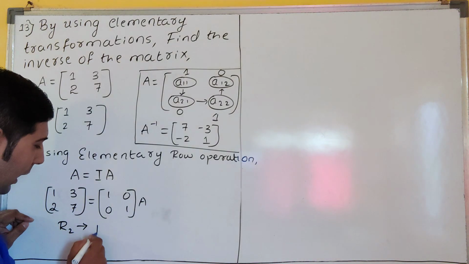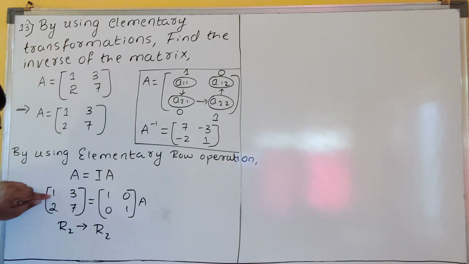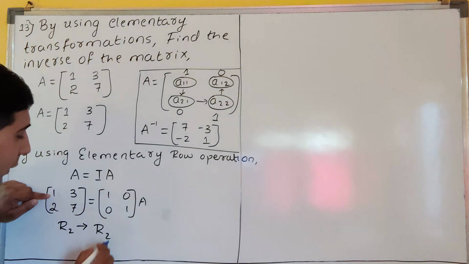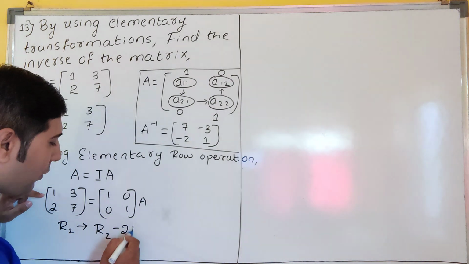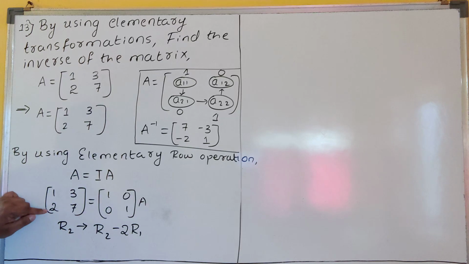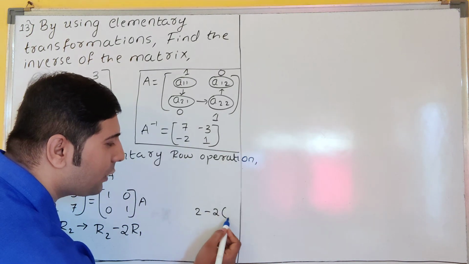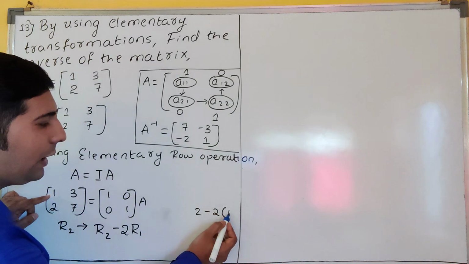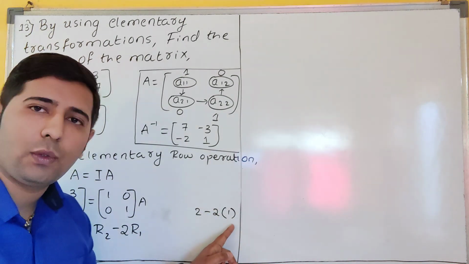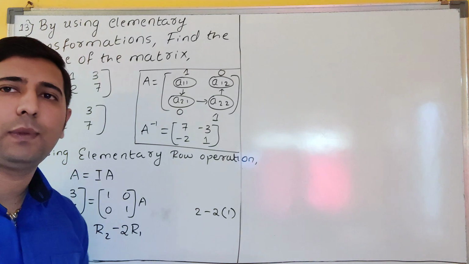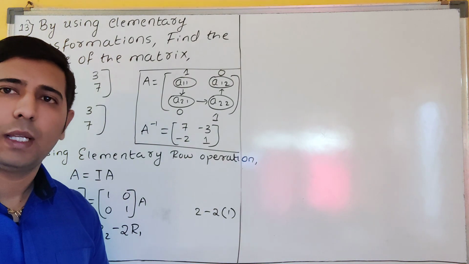R2 is 2. R1 is 1. So I will multiply minus 2 into R1. Understood? R2 is 2. Minus 2 into R1: minus 2 into 1 is minus 2. 2 minus 2 is 0, dear students. Understood?